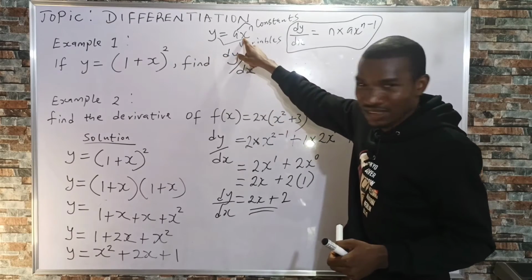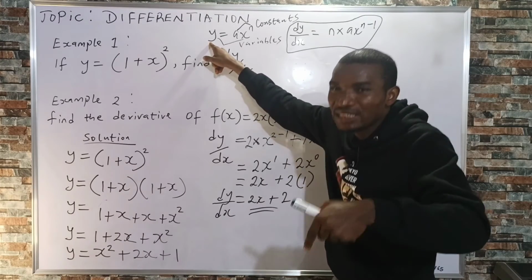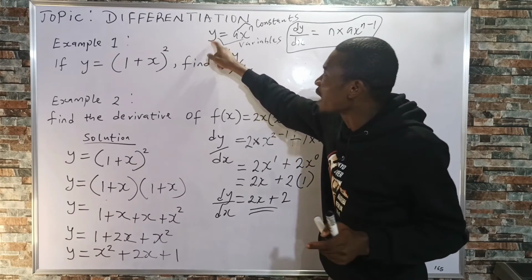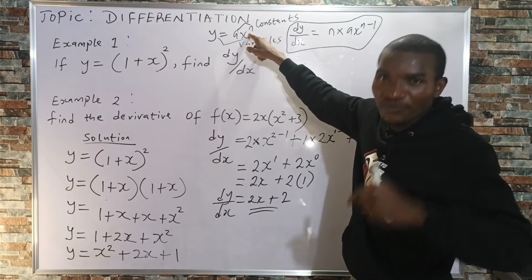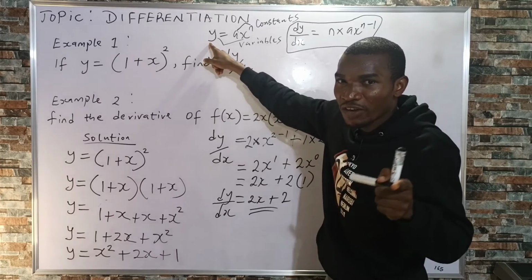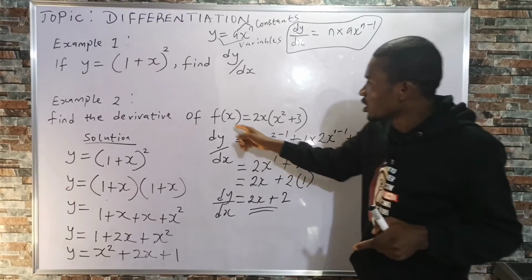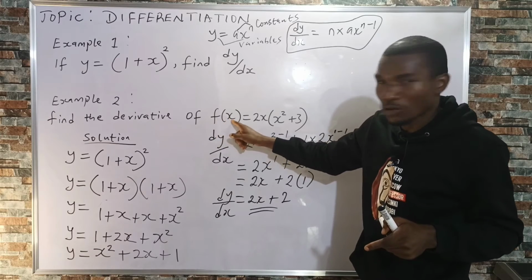The x is an independent variable and the y is a dependent variable. That means y depends on x to have its value. Okay? And because y is a dependent variable, it depends on x to find its value. That's why sometimes we show that it is a function of x.